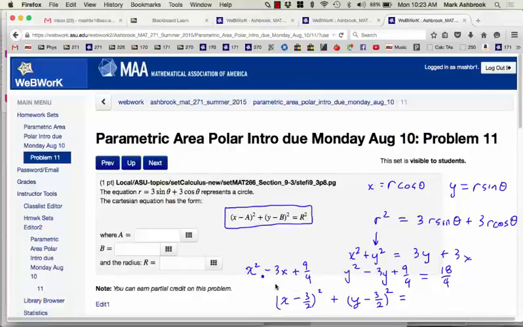So there's our perfect square. It's going to be x minus 3 halves squared plus y minus 3 halves squared. And that's going to equal 18/4.